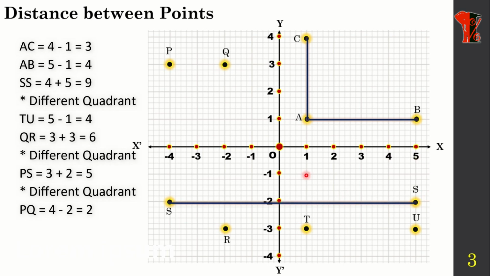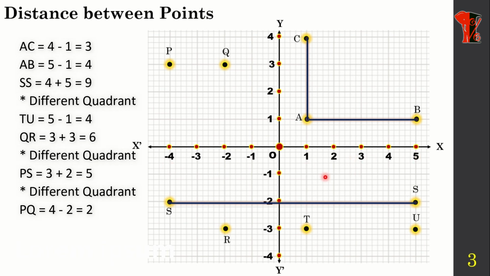Same way we can move on here. Now you see, it starts from minus 4 and ends here at 5, correct? Now there are opposite signs. If you decide to subtract these, it is not going to work. So what we can do is consider 5 and minus 4 as absolute values, that means both are plus.